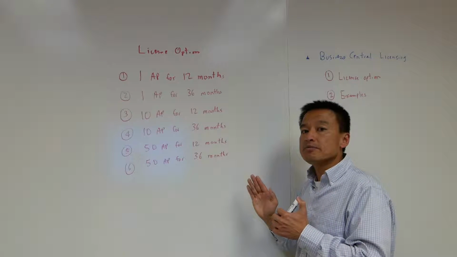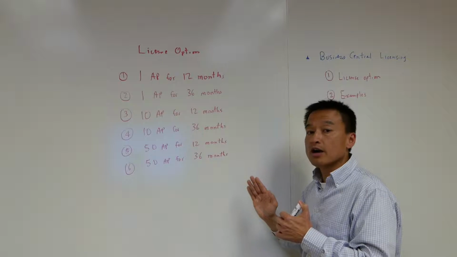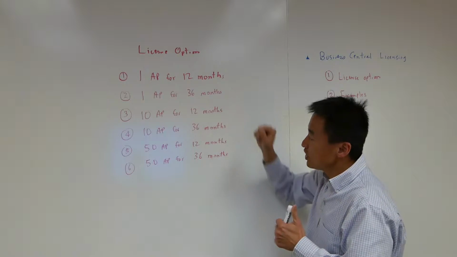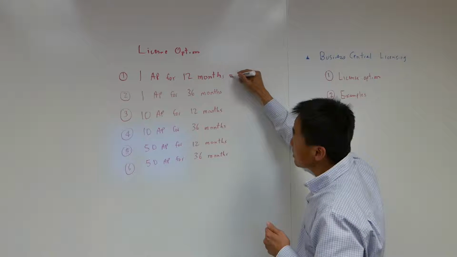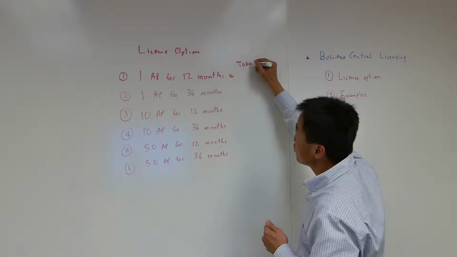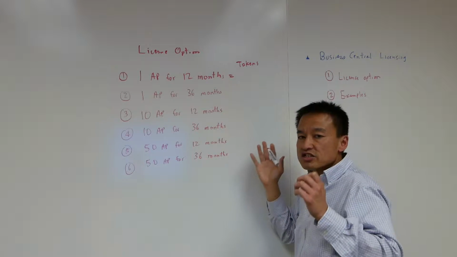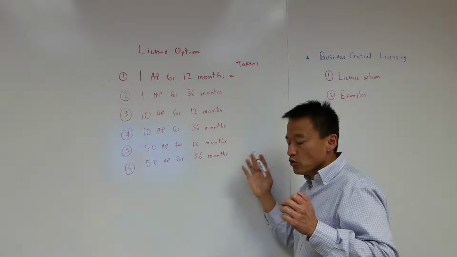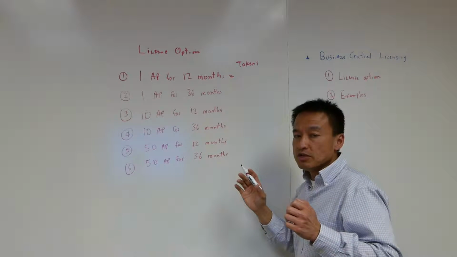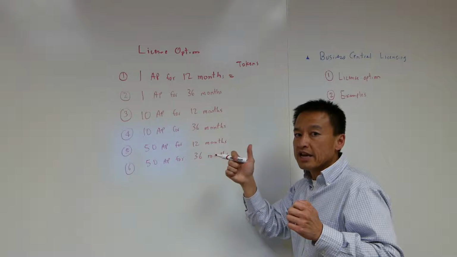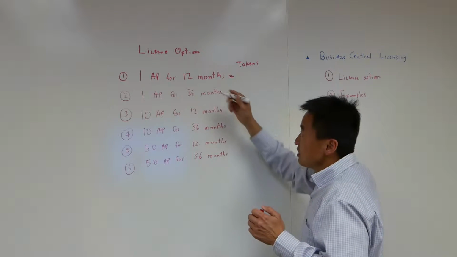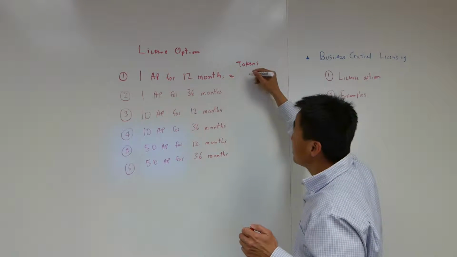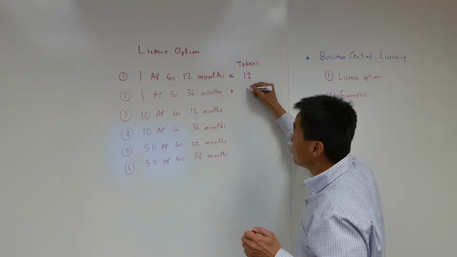With that concept in mind, we created a concept called token. Imagine each one of these SKUs translated into a number of tokens. You can think of a token as what you use to manage the AP. One token equals management of an AP for 1 month. You take this number, multiply by that, and you get the number of tokens in the network.